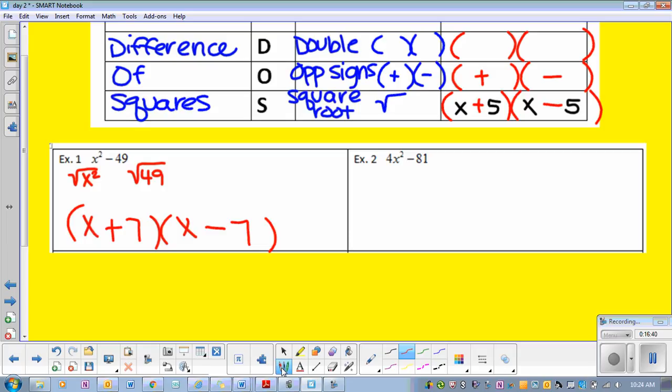Well then, is 4 a perfect square? Is x squared a perfect square? Yeah. Is 81 a perfect square? Yeah, right? Do you guys understand what I'm saying when I ask if it's a perfect square? Not really? So you remember how we did the perfect squares on our little sheet? So what is 2 squared? 4. Okay, so 4 is a perfect square because the square root of 4 equals 2.